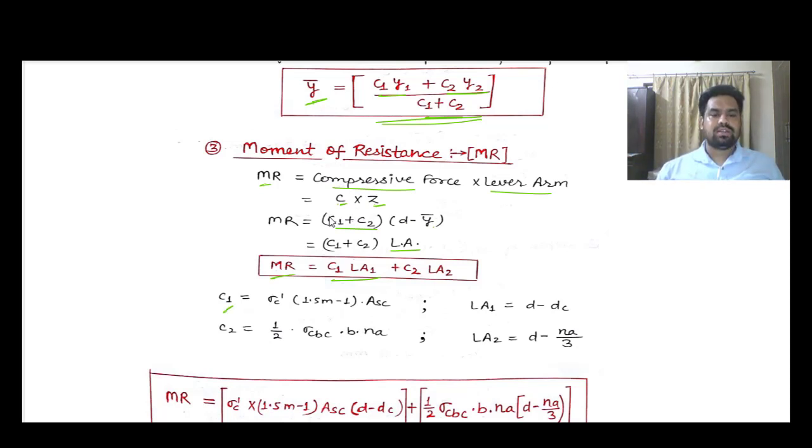So here C1, that is the compression force, equals sigma_sc' into (1.5m minus 1) into Asc. C1 is this, and LA1, the lever arm for the force C1, is d minus d', and C2 is 1 by 2 sigma_cbc into b into NA. This is the same as we have for a singly reinforced section, and LA2 is the same, d minus NA by 3.